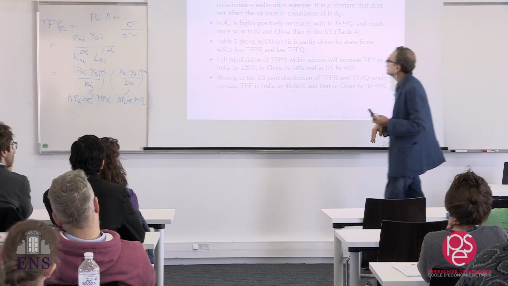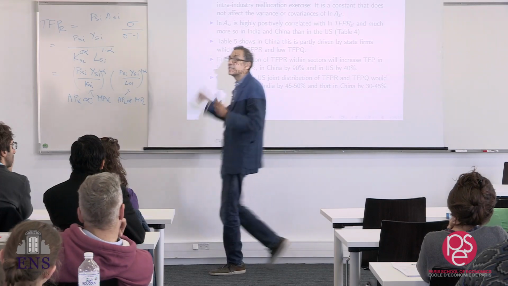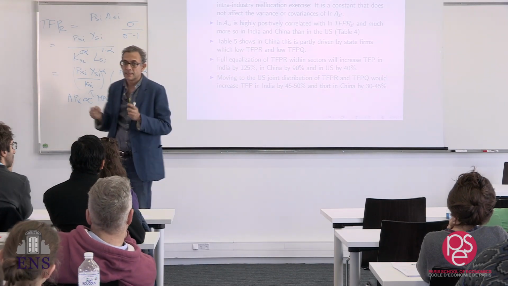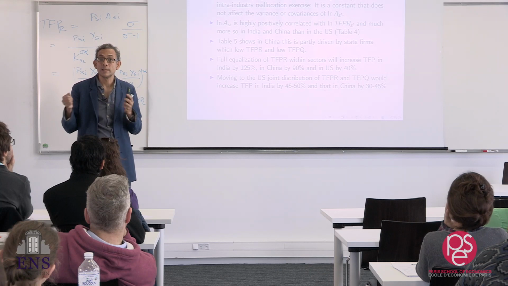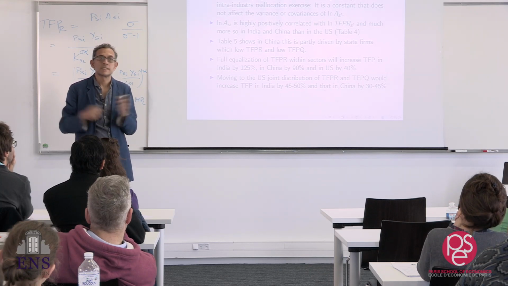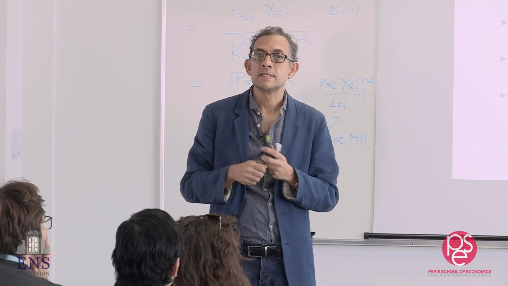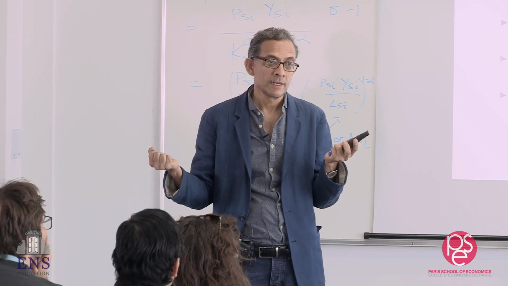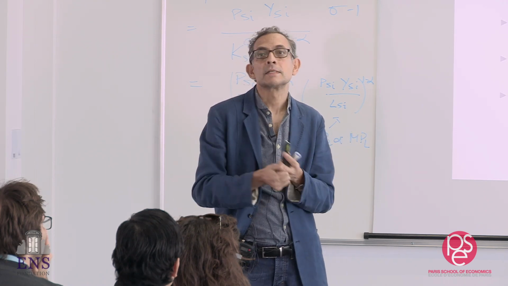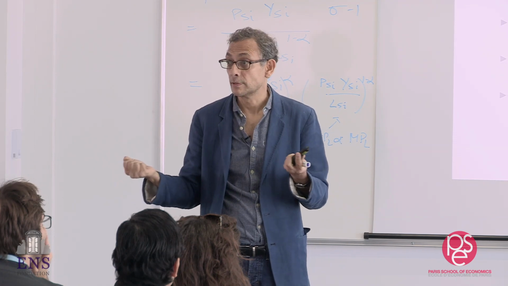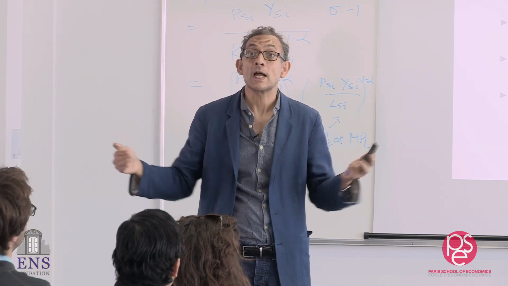If you fully equalize TFPR within each sector, and that's not all the inefficiency. It could be that steel is much too big in China, and ceramics is much too small. This is not answering that question.